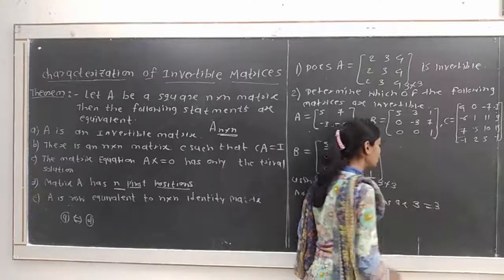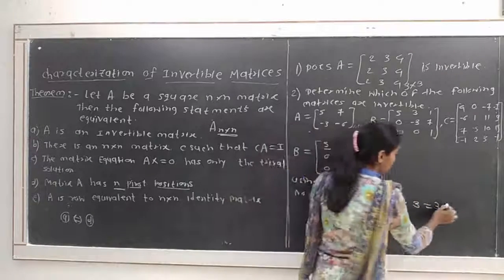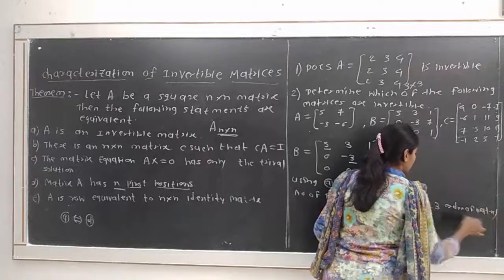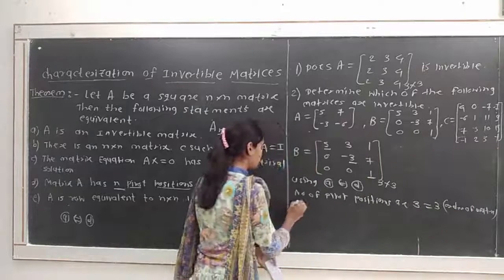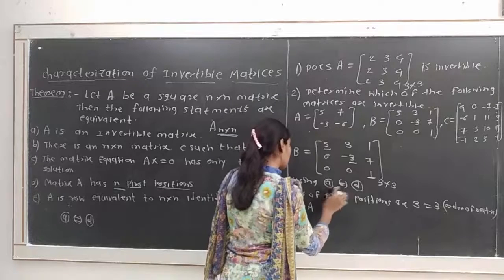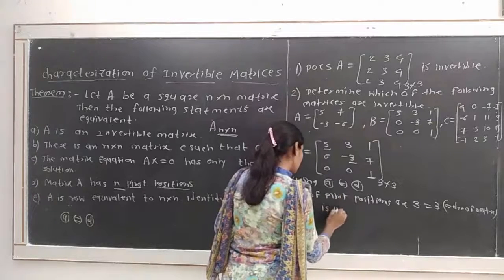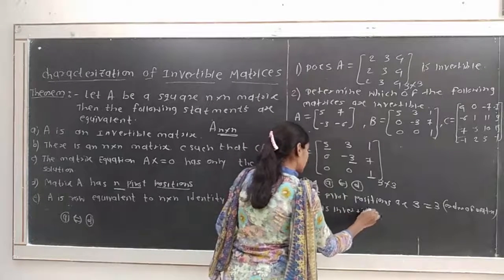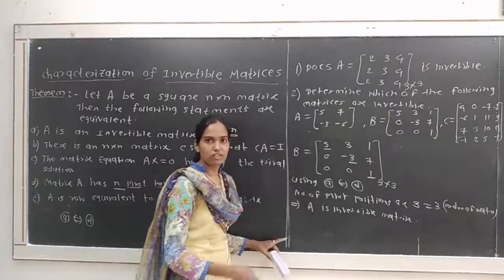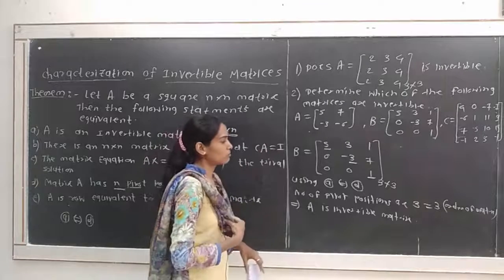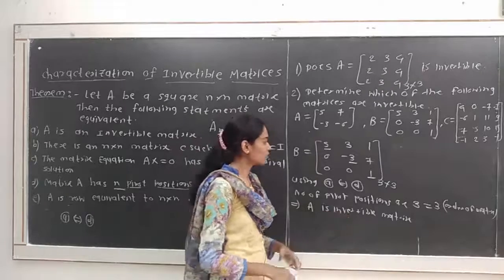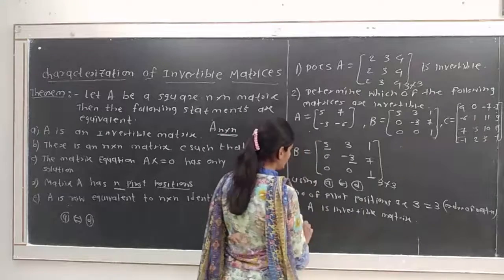So using D implies A, A is an invertible matrix. In this way we use the characterization of invertible matrices for checking whether the given matrix is invertible or non-invertible.